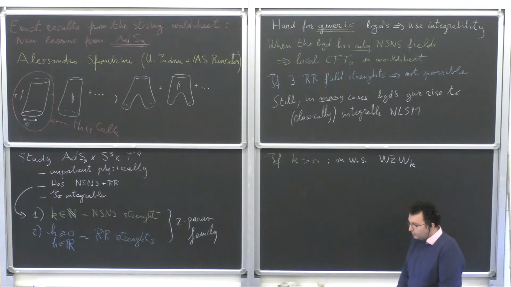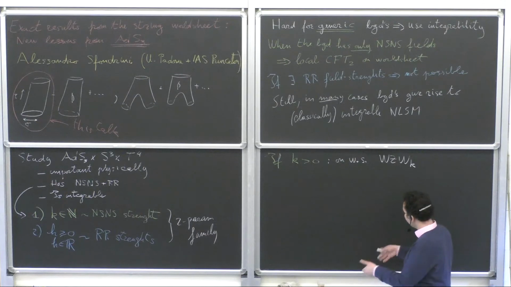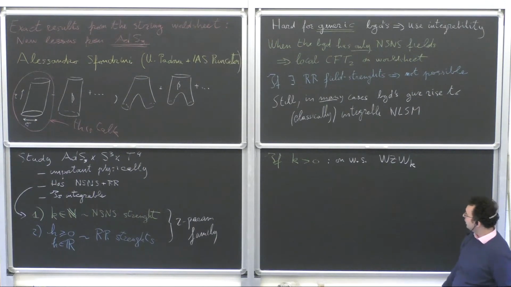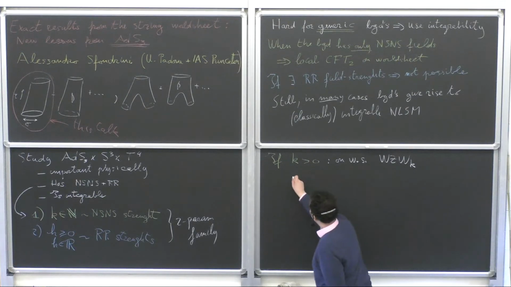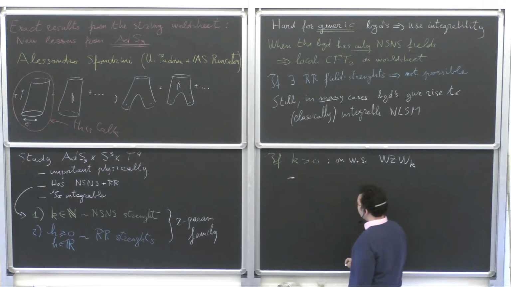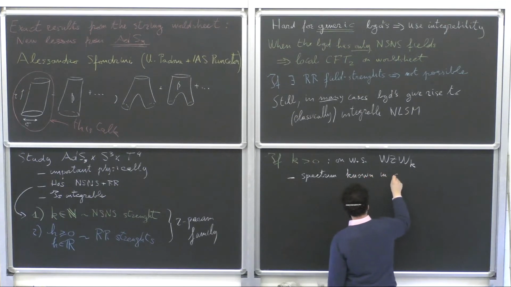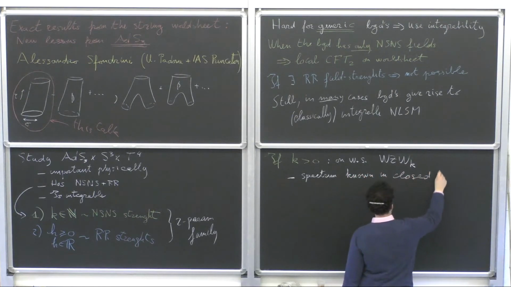So there is a very simple description as a field theory on the worldsheet, so in a sense as nice as a conformal field theory as you can get. And the spectrum, because of this, is known in closed form.